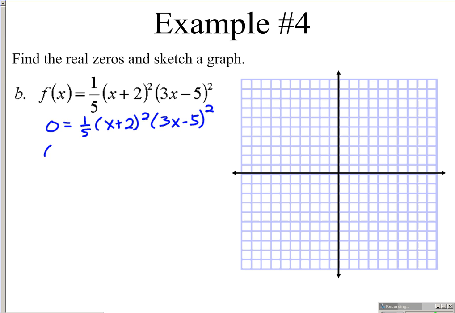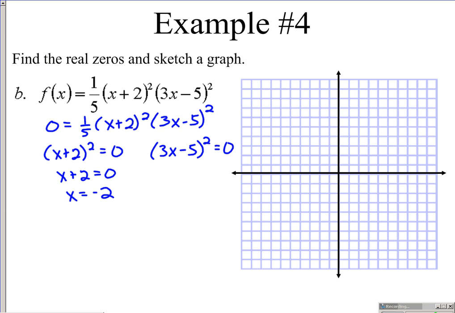We get x plus 2 squared equals 0. 3x minus 5 squared equals 0. Take the square root of both sides. We get negative 2. Take the square root of both sides here. We get 5/3. So there's our 2 solutions.